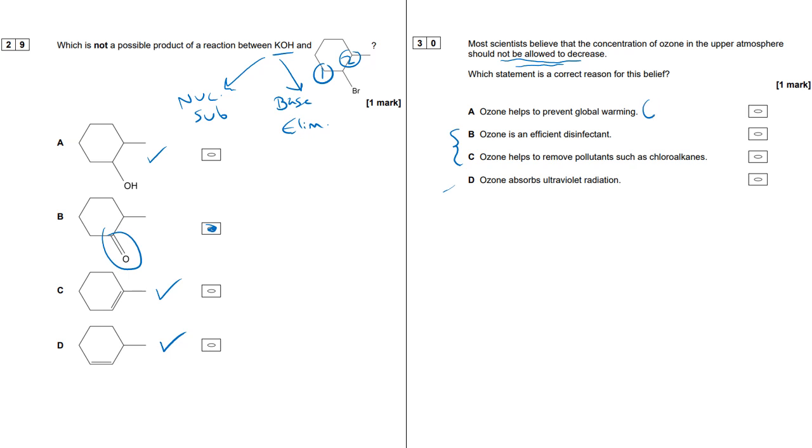Ozone is not linked to global warming. They're two separate issues. Global warming is to do with molecules with polar bonds absorbing radiation transmitted from the Earth's surface, and ozone absorbs ultraviolet radiation.